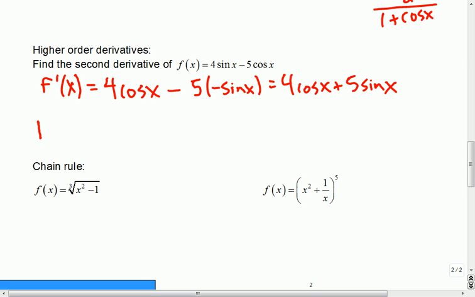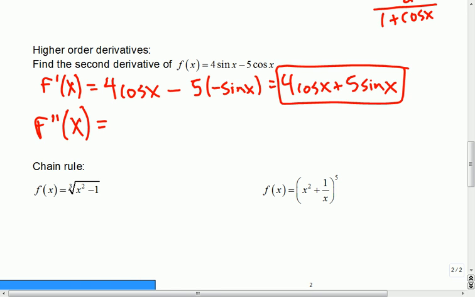So if I want the second derivative, that means I have to take the derivative of the derivative. Okay, so this time, this is the piece I'm going to be taking the derivative of. 4 cos x, that'll be 4 times negative sine x. And 5 sine x will become 5 cos x.